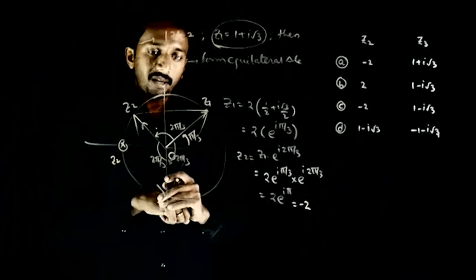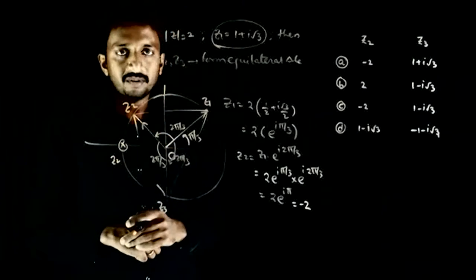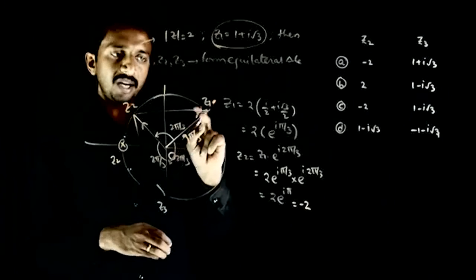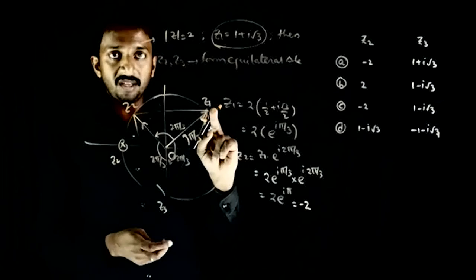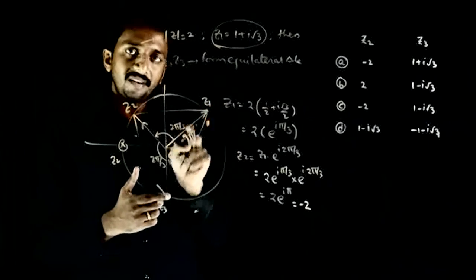And if you want the next complex number, what you just need to do is rotate this Z1 by 2 pi by 3 radians in the negative direction.